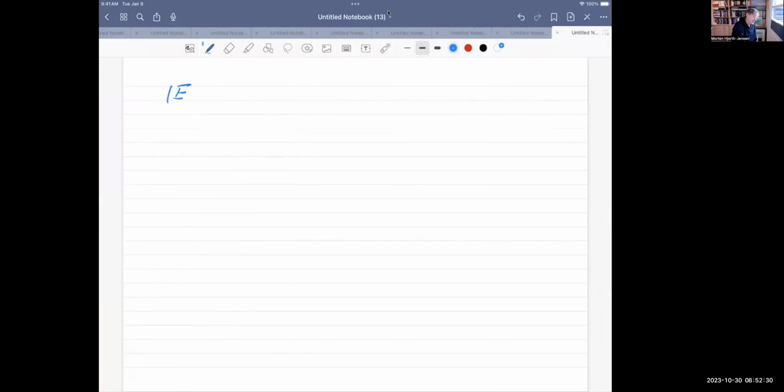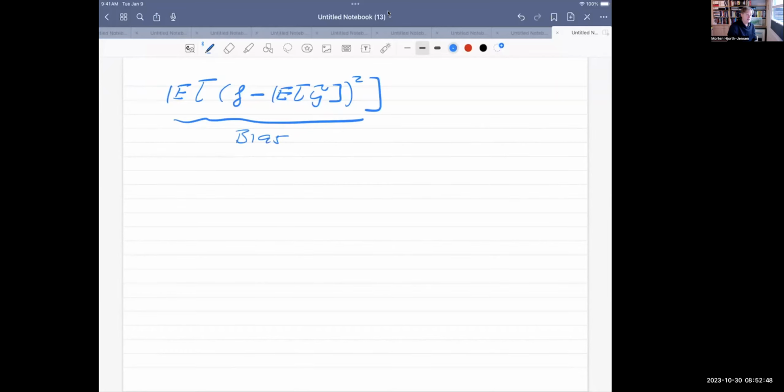So we have an expectation value of f minus the mean value of the model. And this quantity here is the quantity which is called the bias. In a way, you can think of that as a measure of how much we differ from the function we want to reproduce, plus this other term, which is the variance of the model.